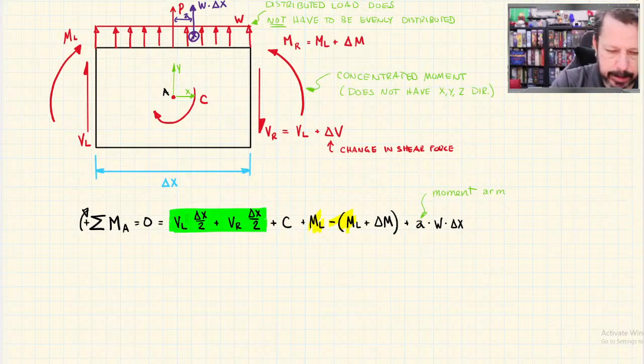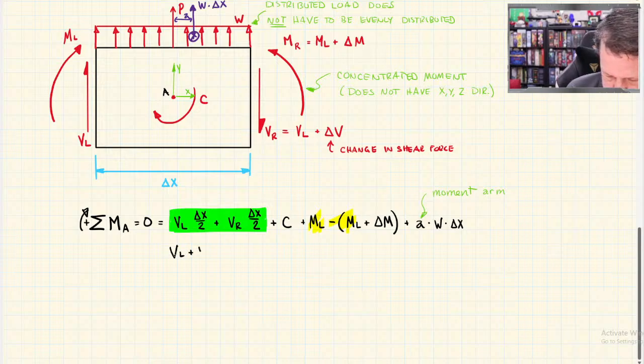I could collect them on delta x over 2, right? So VL plus VR times delta x over 2.